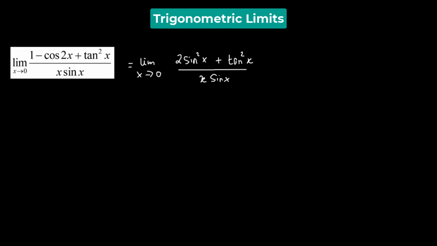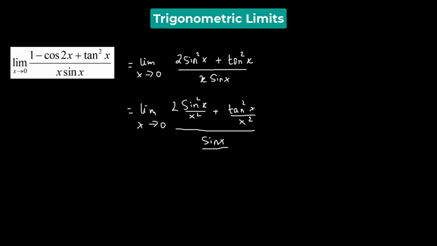Now we're going to divide both the numerator and the denominator by x squared. So that gives us 2 times sine squared x over x squared plus tangent squared x over x squared, whole divided by x sine x over x squared, which is simply going to be sine x over x.